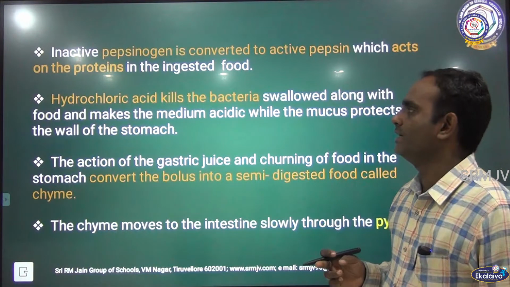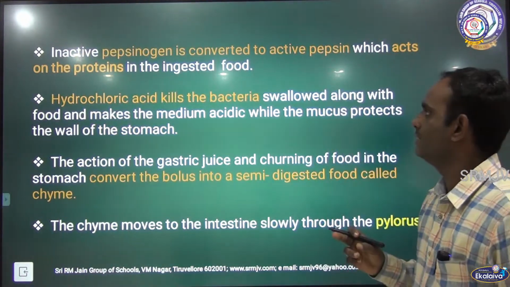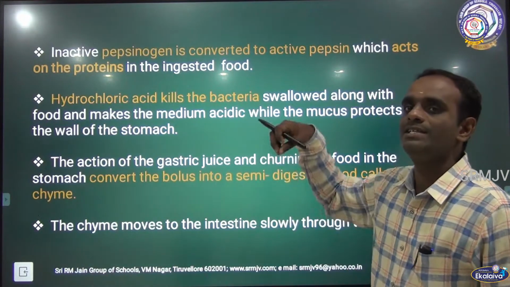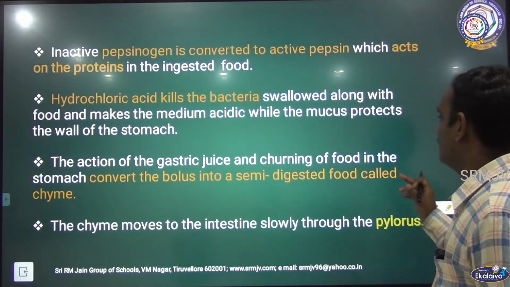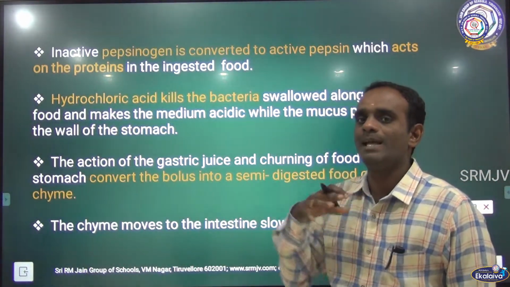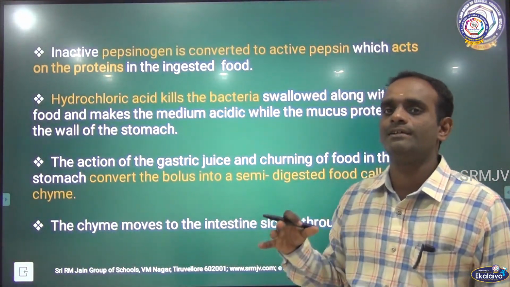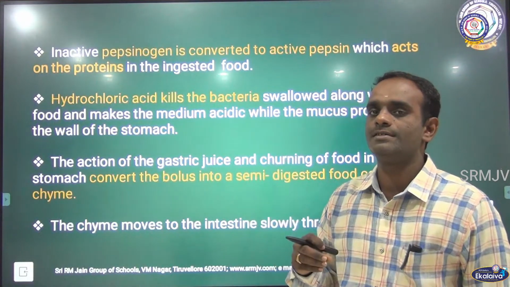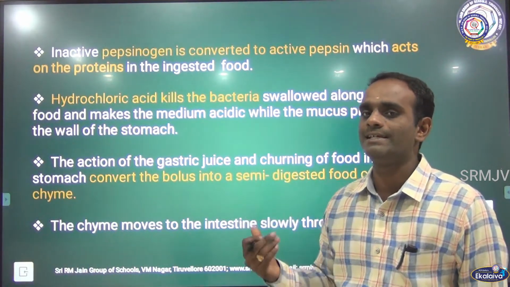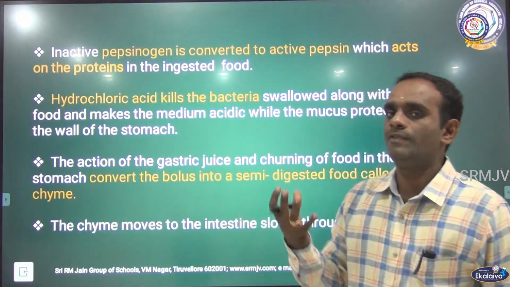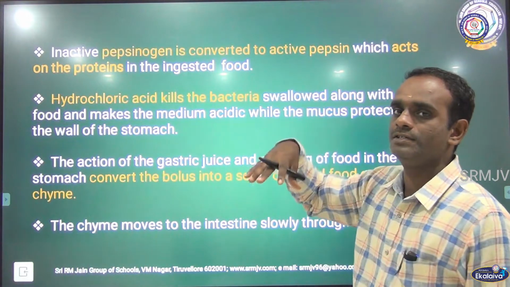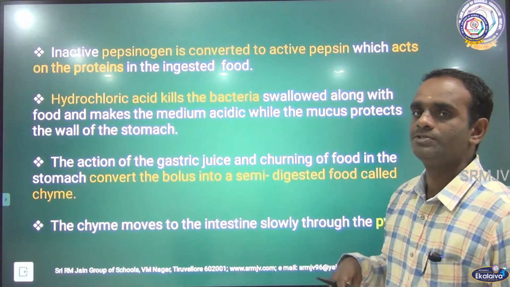Inactive pepsinogen is converted into active pepsin, which acts on the protein in the ingested food. So we are taking in a balanced diet. The balanced diet contains all the essential nutrients: carbohydrates, proteins, fats, vitamins, minerals, etc. Protein is first digested only in the stomach.